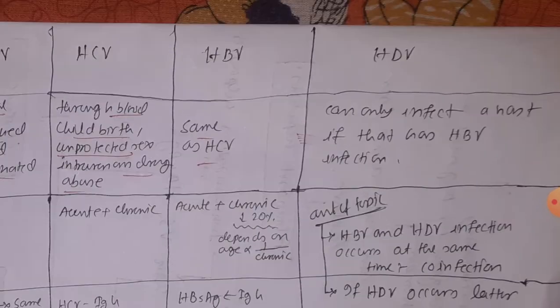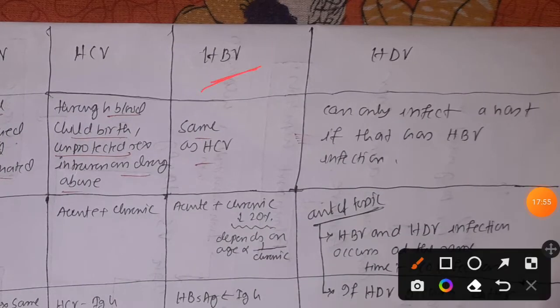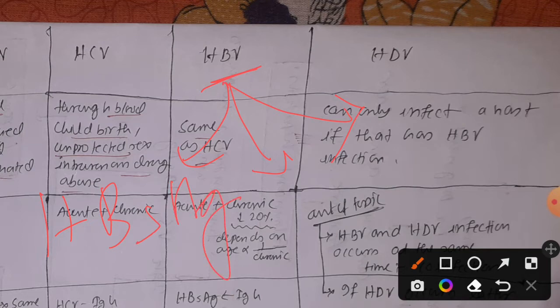Remember, in HBV there are 3 types of serological markers that we have to know very carefully: HBs antigen, HBe antigen, and HBc antigen. HBs antigen means hepatitis B surface antigen, HBe antigen means hepatitis B E antigen, which is mainly produced by the infected cell, and HBc antigen means hepatitis B core antigen.